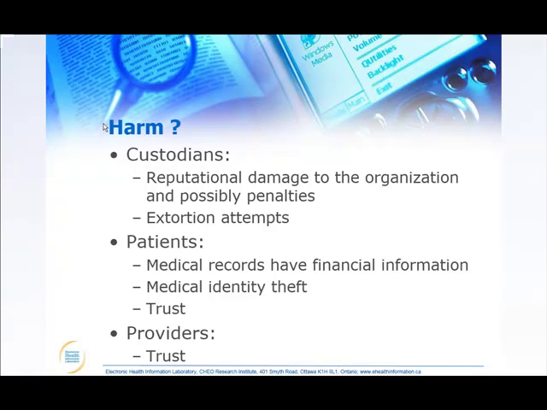Probabilistic harm is not considered harm. So if there's a probability of 90% that identity theft will occur, that's not considered convincing enough. Identity theft would have had to have occurred with the breach data, and a link to the actual breach as the cause of that has to be demonstrated in order to make a case that harm has occurred.